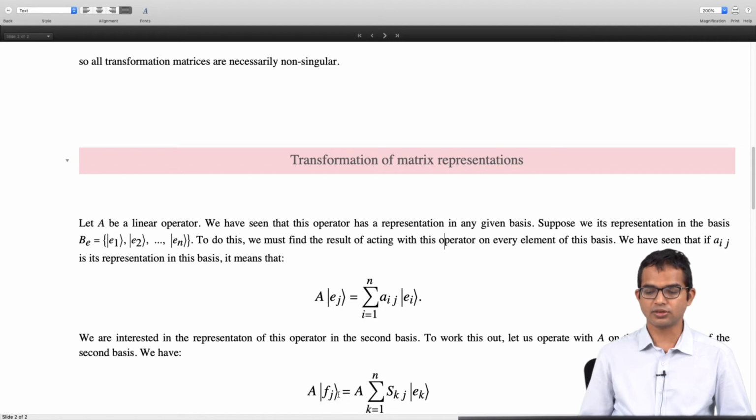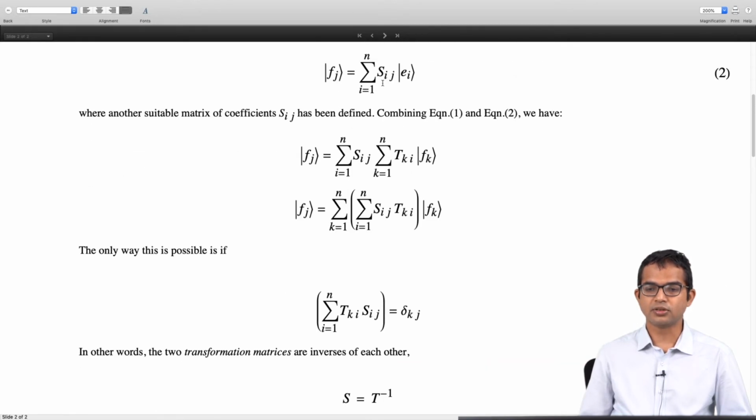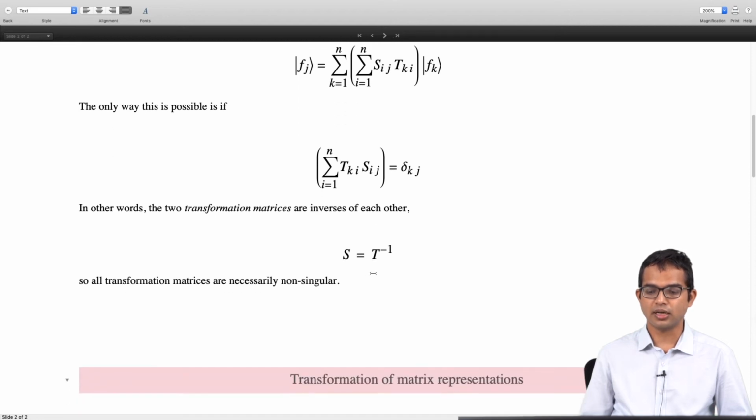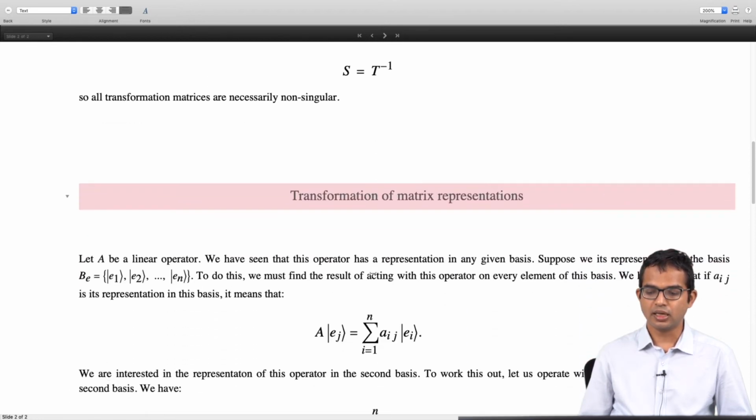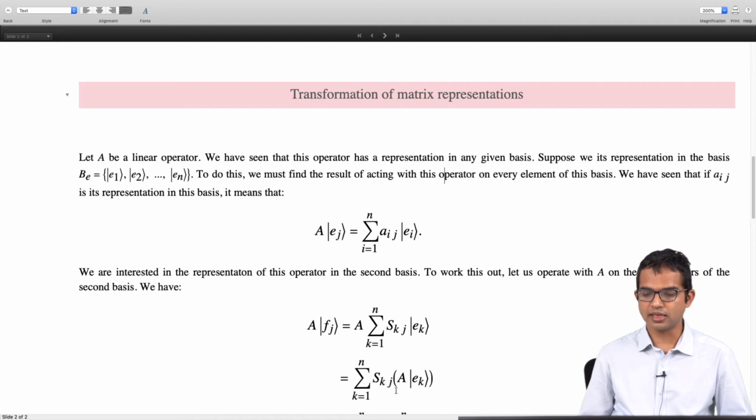What A does to Fj is the same as what A does to summation over k of Skj Ek, because we have written Fj as summation over i of Sij Ei. In place of i I am putting k, it's a dummy index, it gets summed over. So in place of Fj I put this summation, and since it's a linear operator, it goes right through. So I have summation over k of Skj, the operator A acting on Ek.